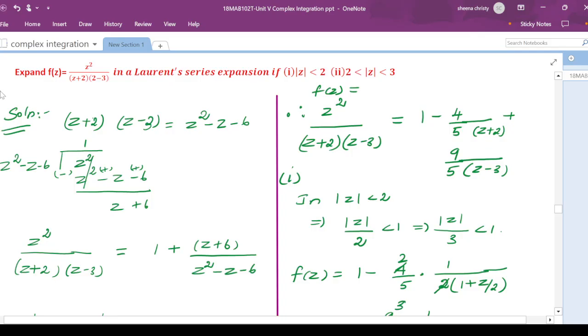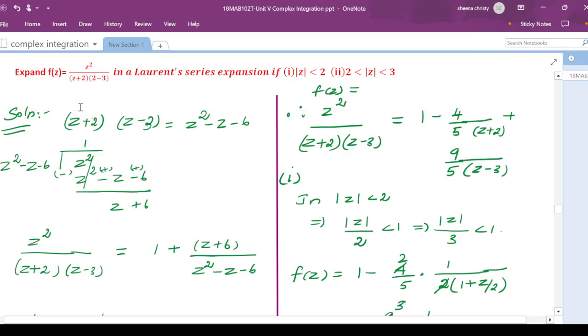So if you are seeing this function, we have f of z equal to z square by (z plus 2) into (z minus 3). The power of the numerator is equal to the power of the denominator. Therefore, before applying Laurent series, we have to reduce the power of the numerator below the power of the denominator.